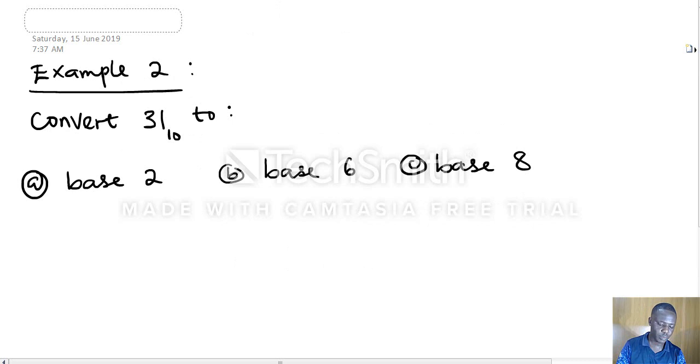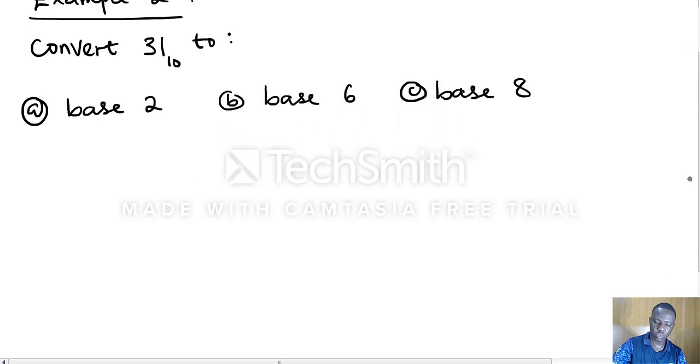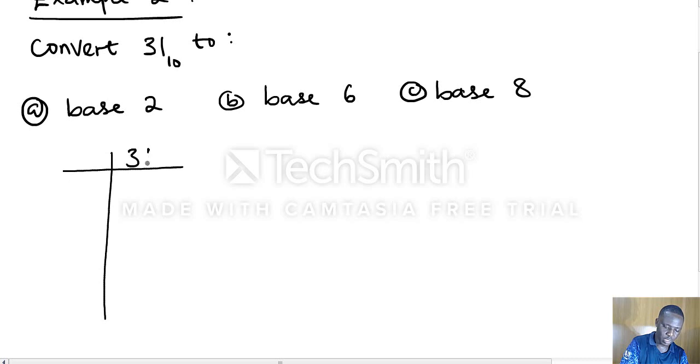Example 2 says we should convert 31 base 10 to base 2, base 6, and base 8. So first of all, convert it to base 2. I'm going to use the long division method. Divide 31 by 2. 31 divided by 2 is 15, remainder 1.